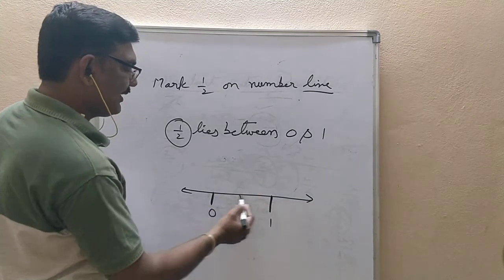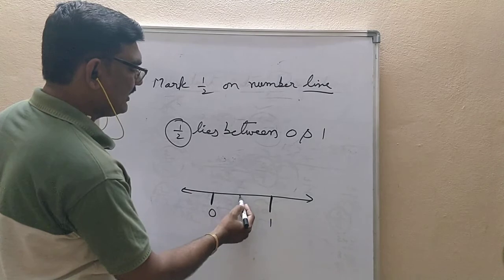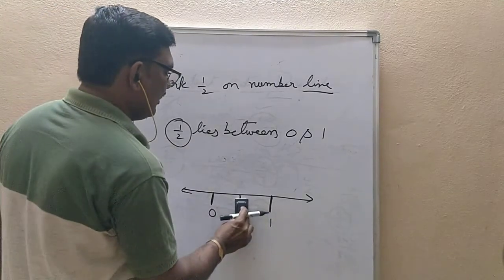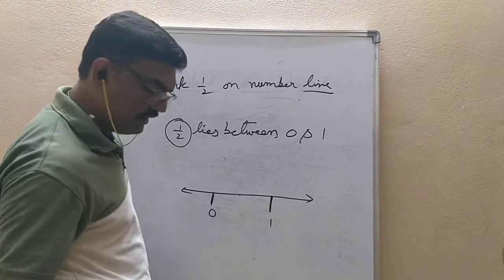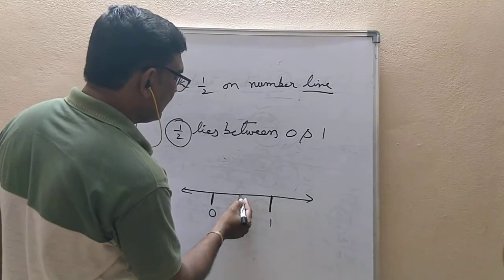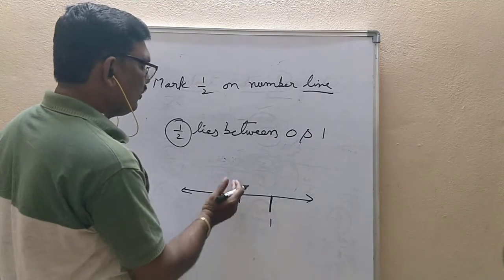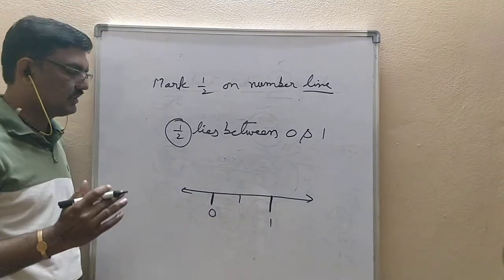At 0 a thick line, at 1 a thick line, here it is just not a thick line, a small line. What did you do here? You divided 0 and 1 into 2 equal parts.